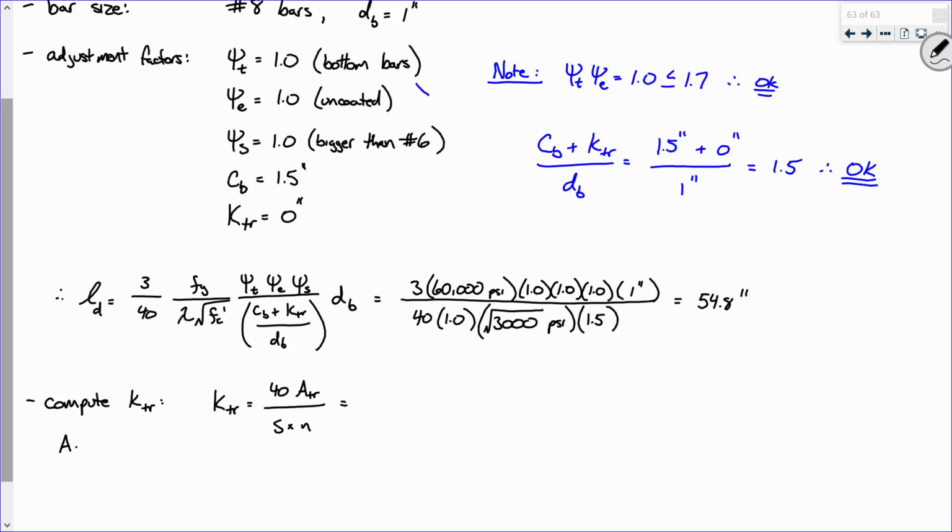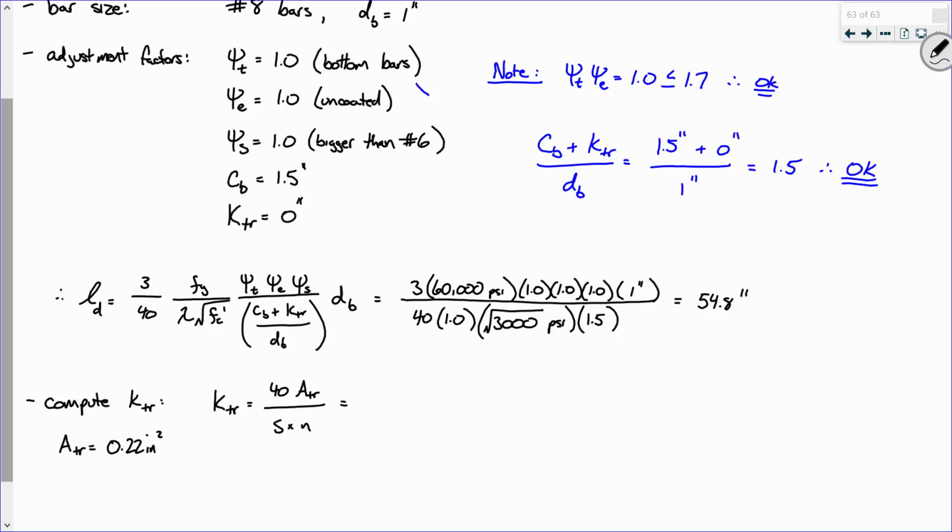Okay, what's ATR? 0.11. 0.22. Now, why is it 0.22? It's a number 3 U-shaped stirrup, right? You cut through 2 of them, exactly.